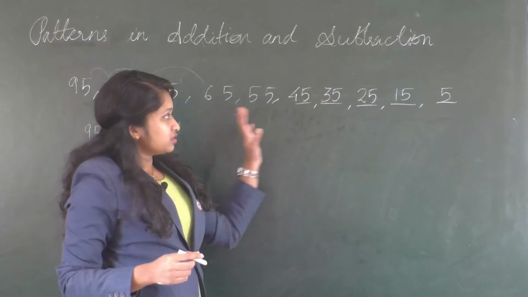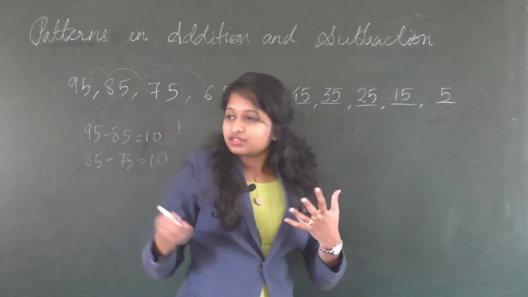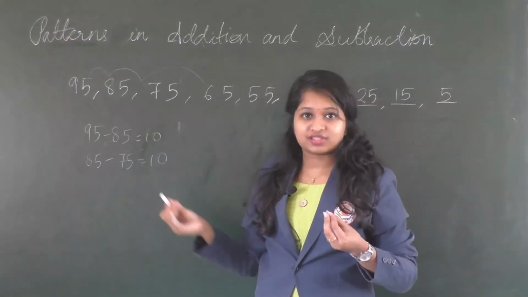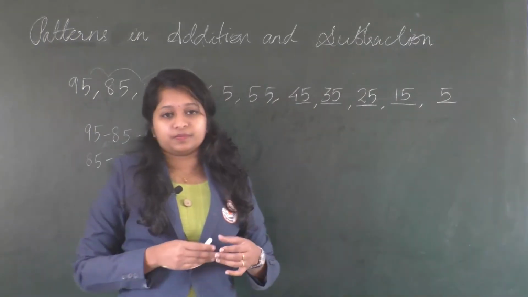See? So this is how we should find the pattern. If you get some numbers like this, see if you can find a common difference there. So we can solve problems like this.